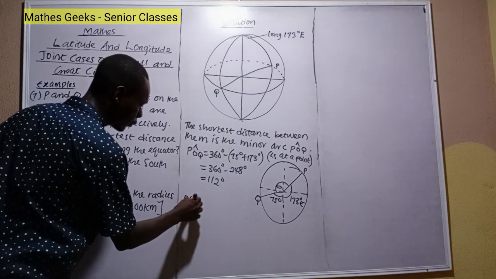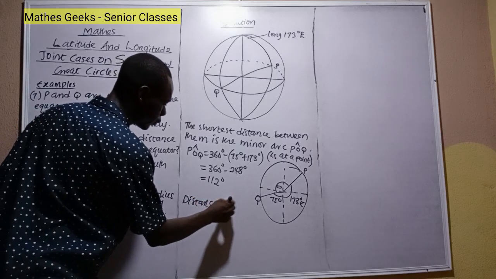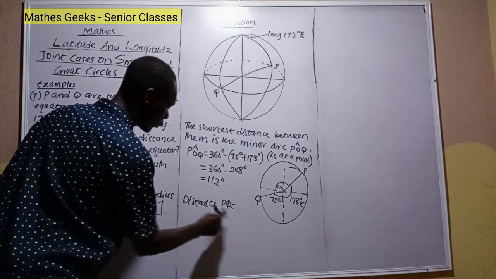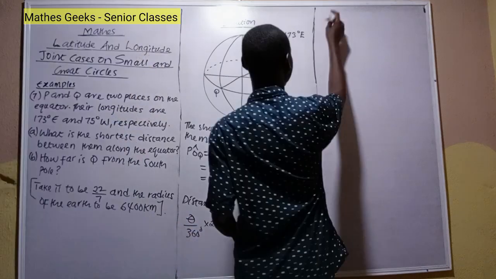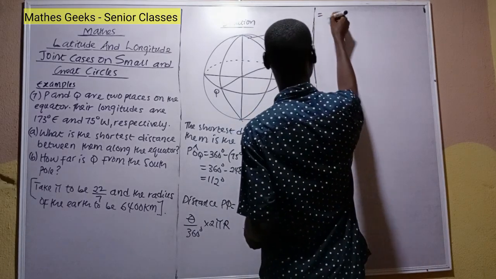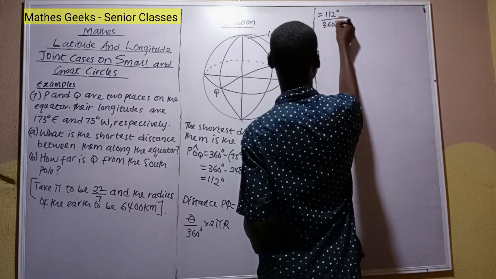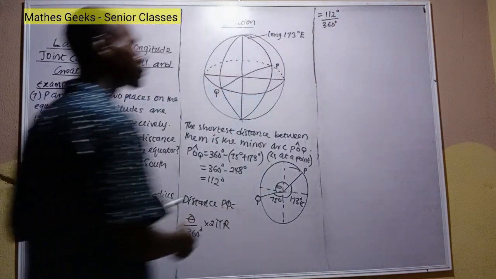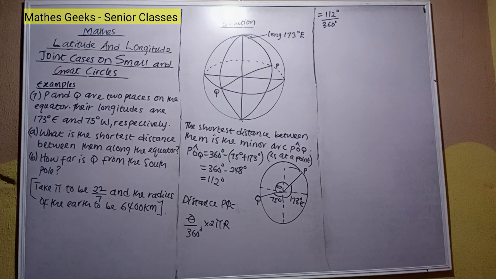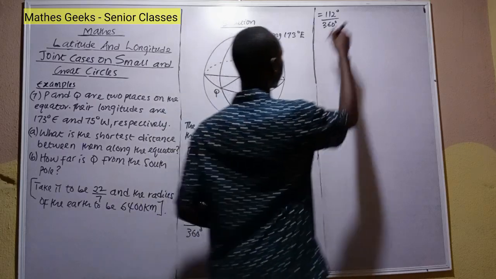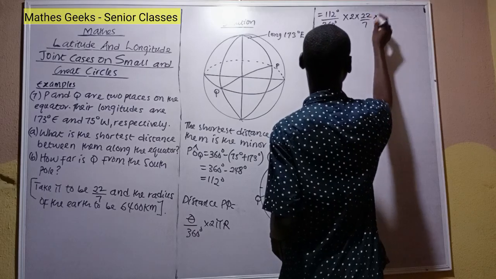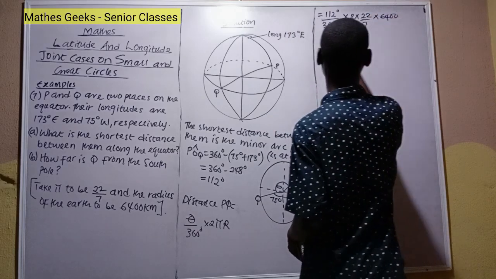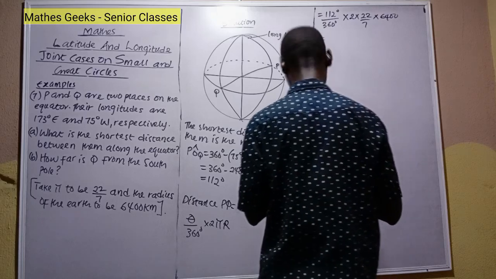So distance PQ is equal to theta over 360 degrees times 2 pi r, which is 112 degrees over 360 degrees times 2 times 22 over 7 times 6,400.